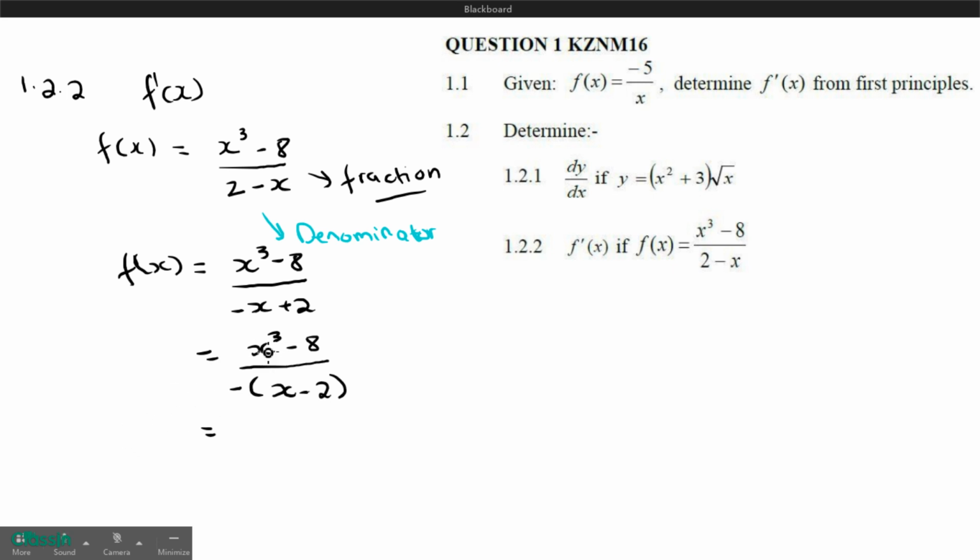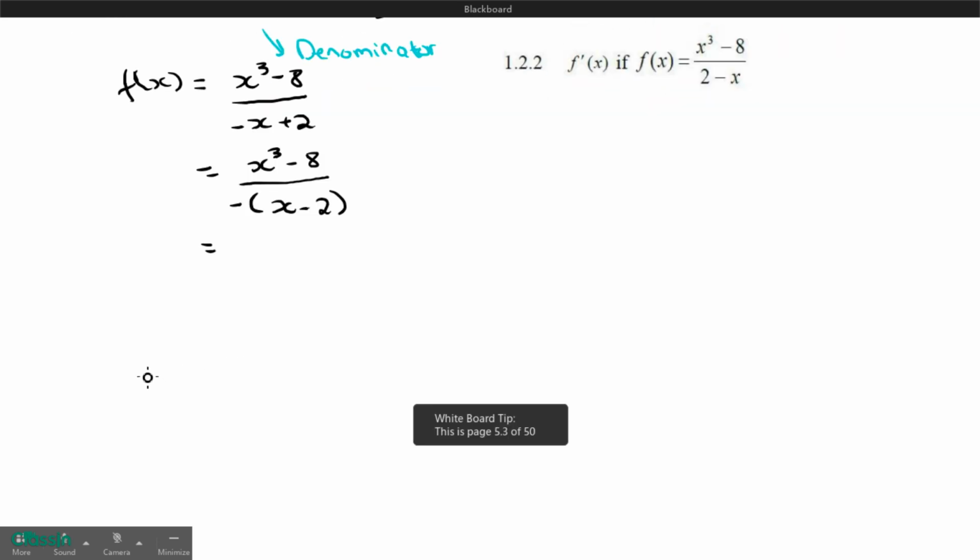Now, we need to write or represent this in a linear format because we must get rid of this denominator. So in this case, we must check. We have the cube function, which is x cubed minus 8. So x cubed minus 8, we must transpose this into our trinomials.